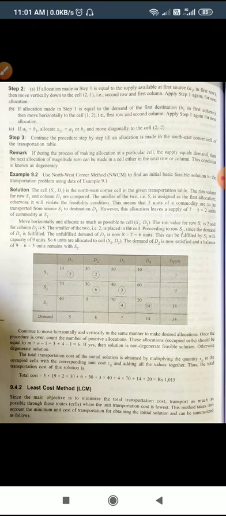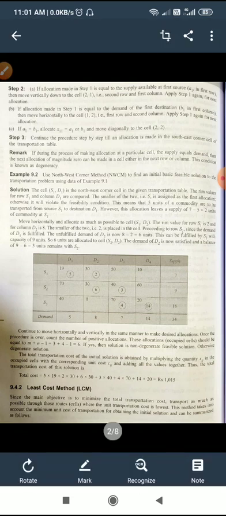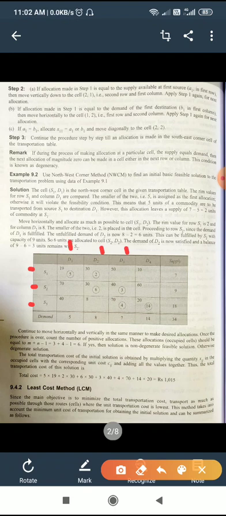Here m is 3, the number of rows 1, 2, 3 and columns 1, 2, 3, 4. So m plus n minus 1 is 3 plus 4 minus 1, so 6 cells should be occupied. Now we check: 1, 2, 3, 4, 5, 6. So this solution is a degenerate solution.